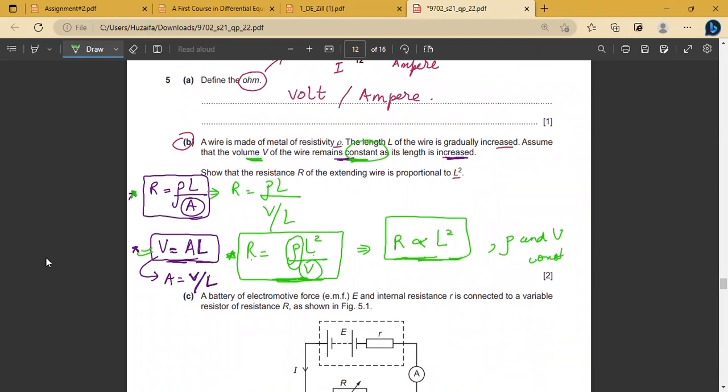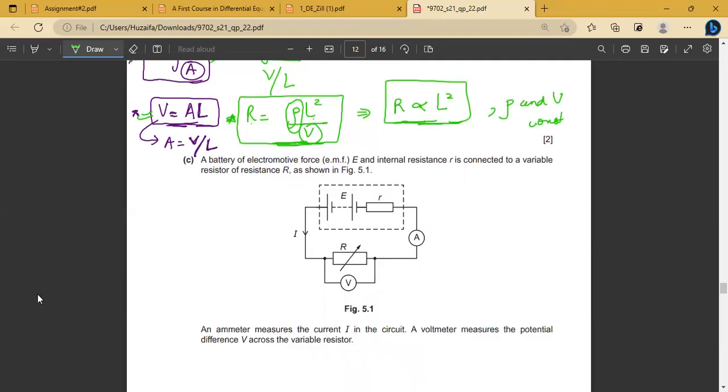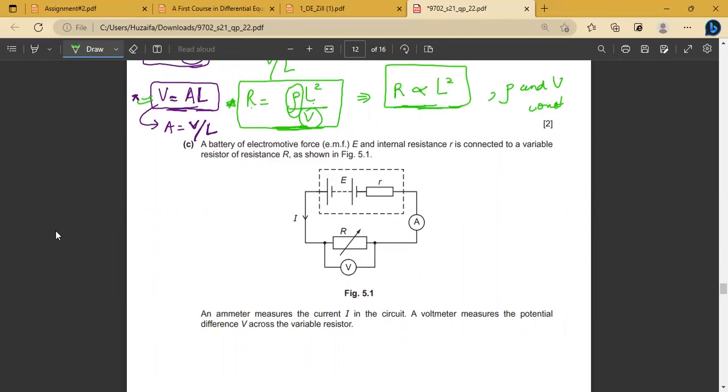Okay, in part C, he has given the circuit. Read the question. What kind of circuit is this?